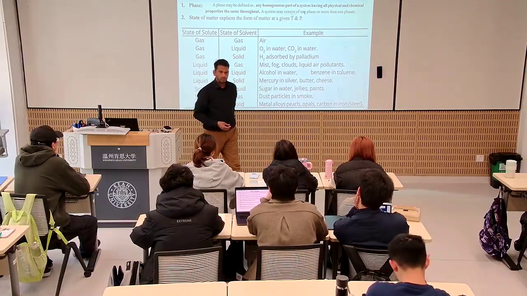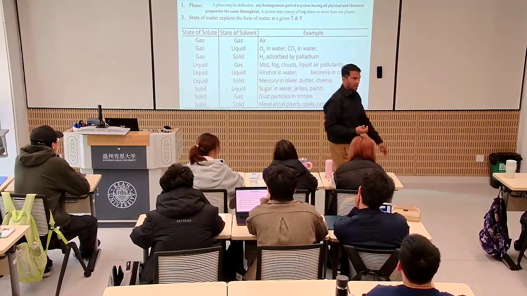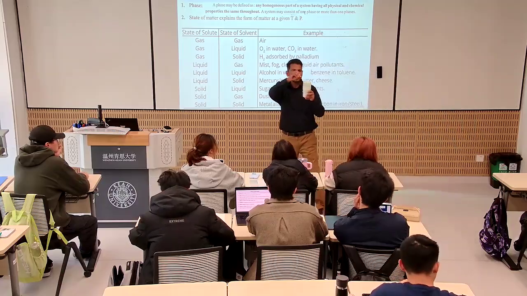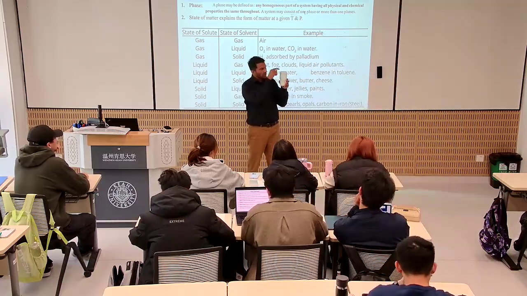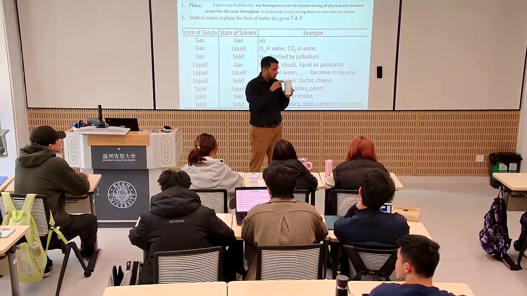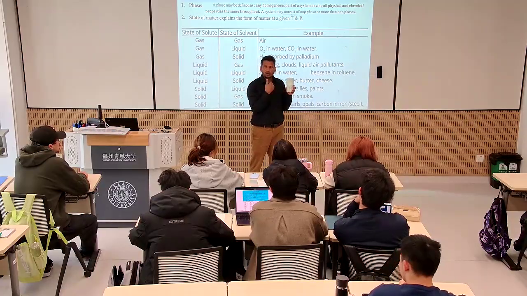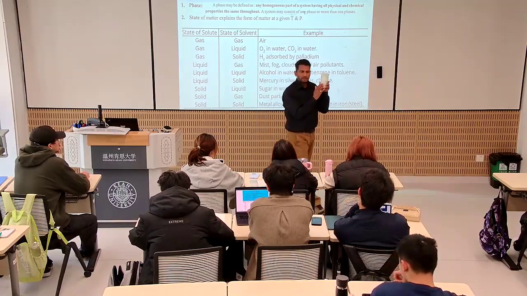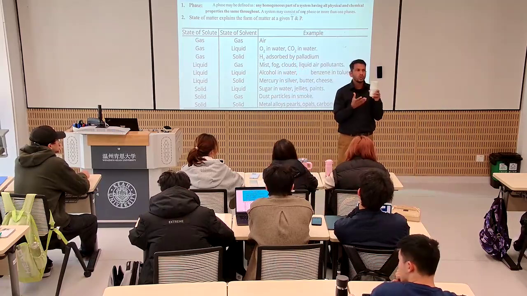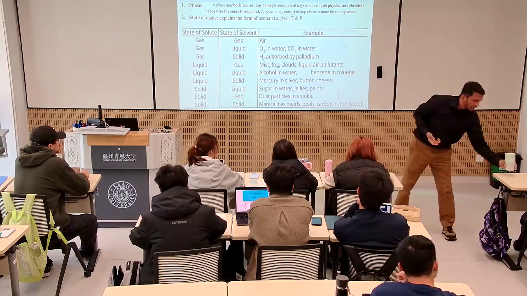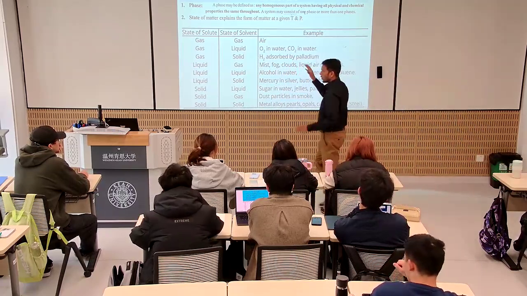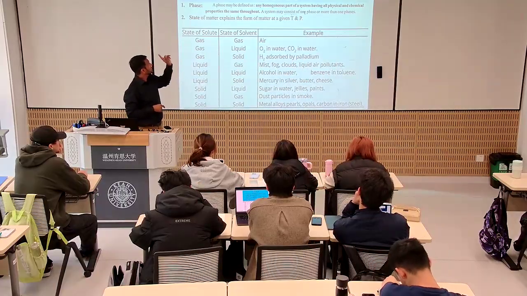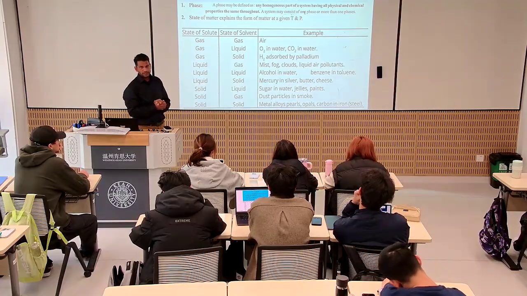If you are observing any material inside, for example, this is a bottle, and you are doing a reaction inside, then the inside is our part of interest under observation. That is called the system. Last time I told you a system may be open, closed, or isolated. A phase is a homogeneous part of the system which has all physical and chemical properties the same throughout.